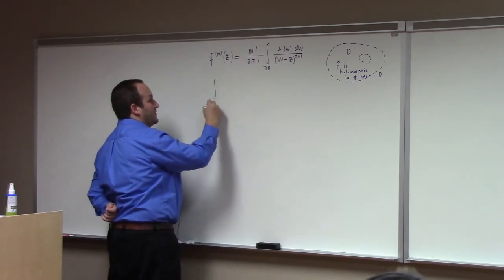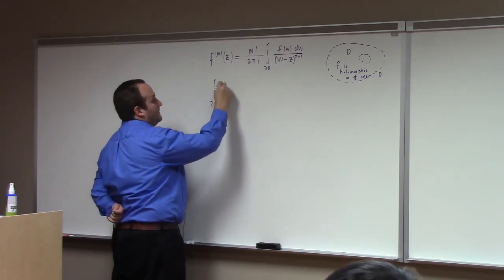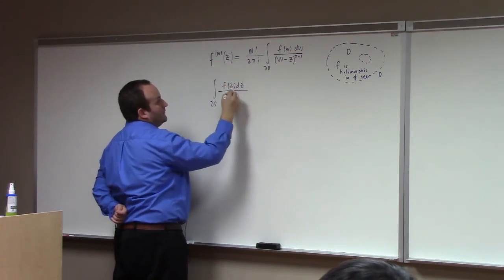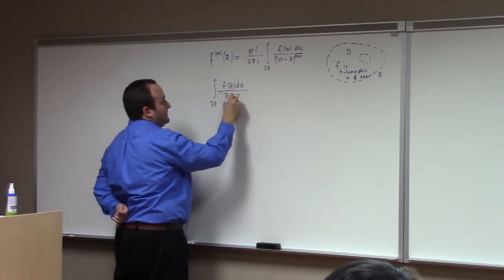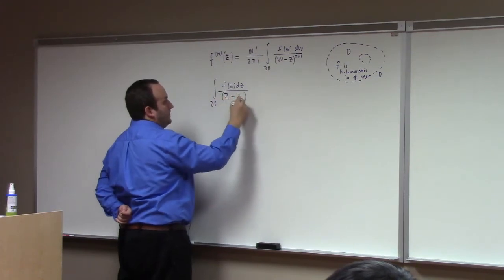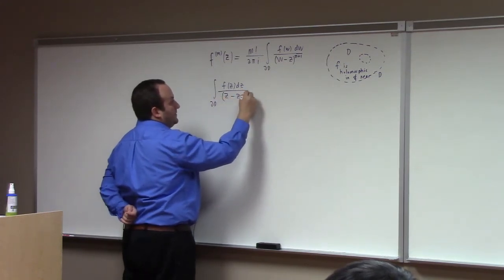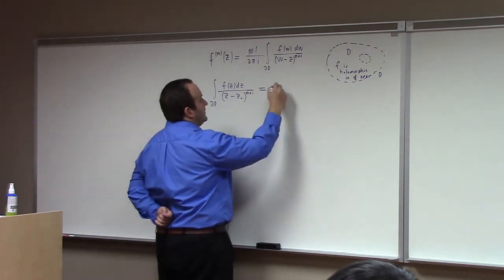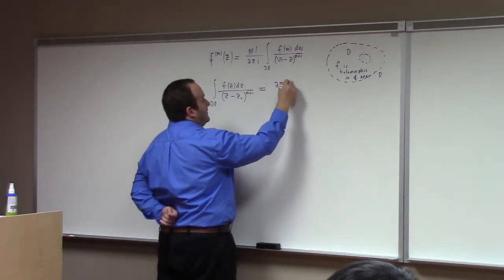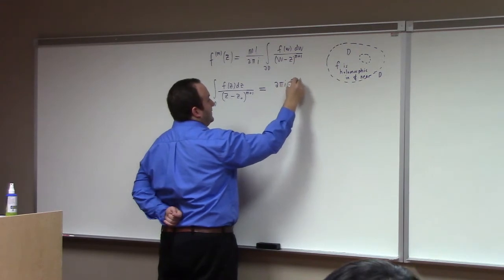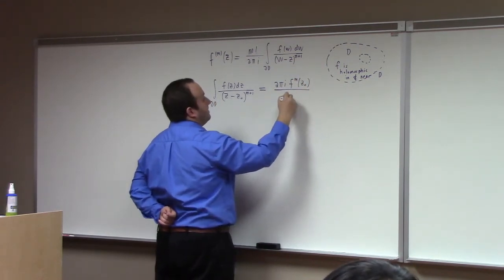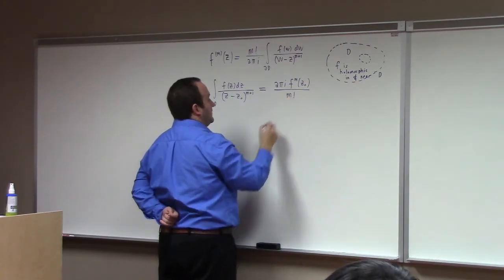We say the integral over the boundary of D of f of z dz over z minus z naught to the m plus 1 is equal to 2 pi i, the mth derivative at z naught of f, divided by m factorial.